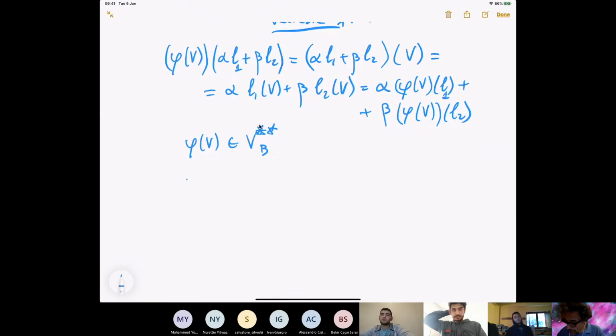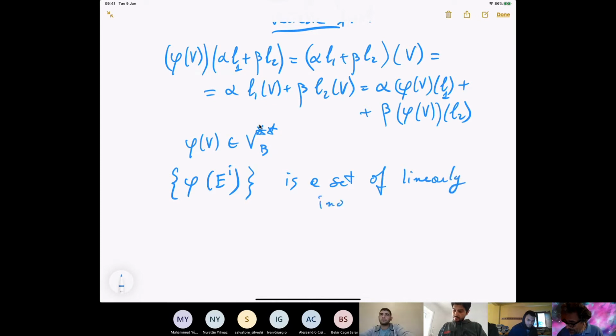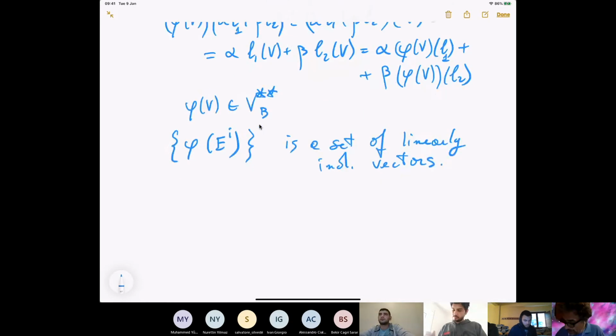So phi of E I is a set of linear independent vectors. Let us prove this. This is very easy. So I can write alpha I phi E I equal 0. Okay.